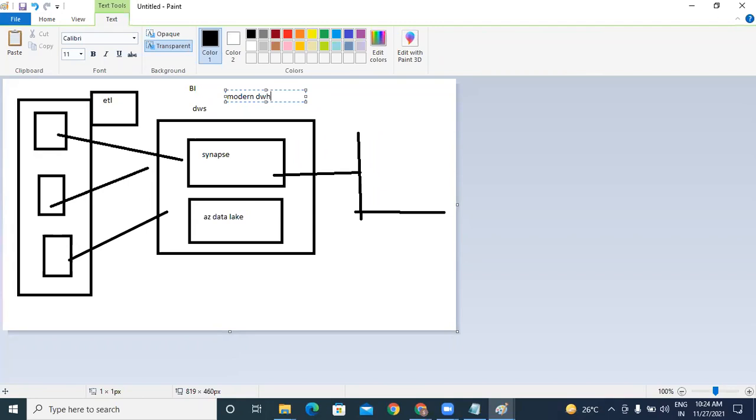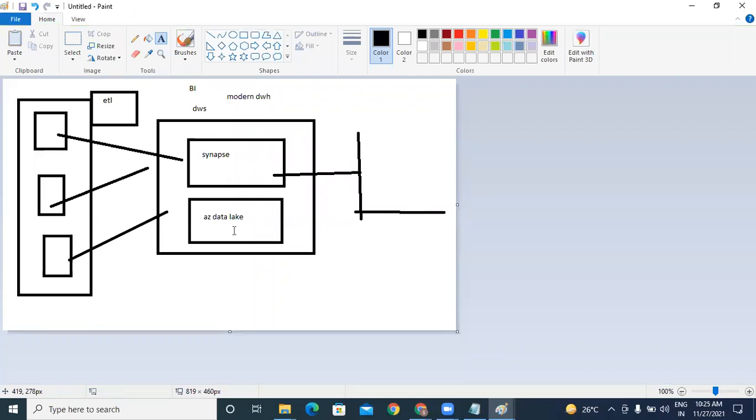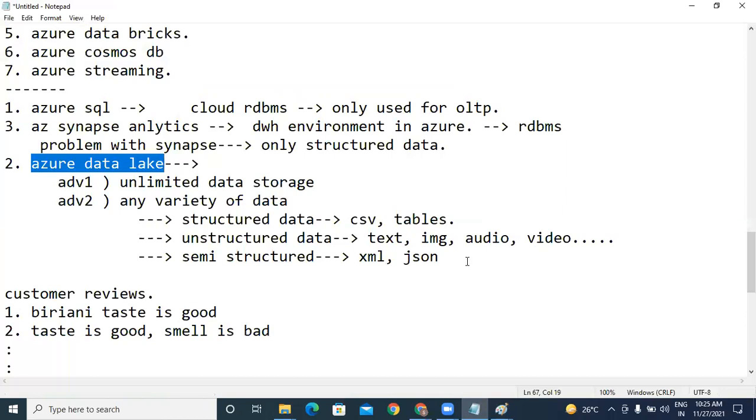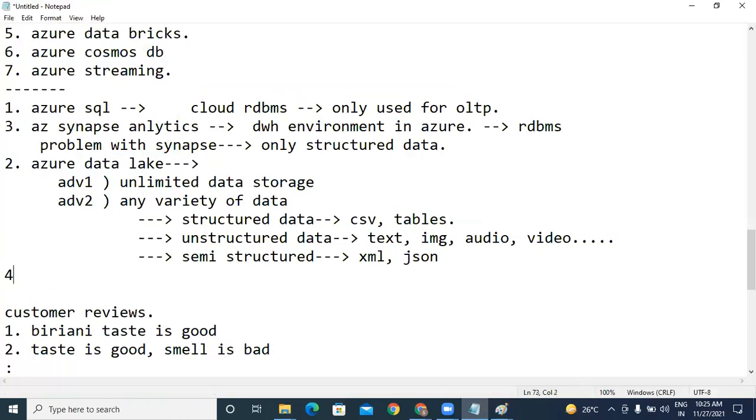If my data is structured, I will keep all my structured things in Synapse. Other than structured, or little structured, everything I will keep in Delta Lake. Now you can understand your actual role is the fourth point. The fourth product is yours, which is ADF, Azure Data Factory. Understood?